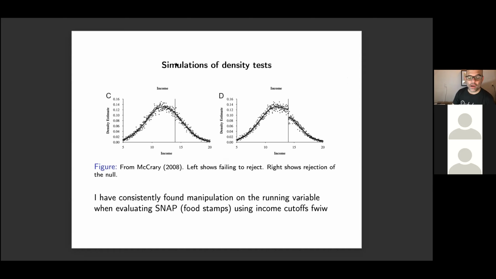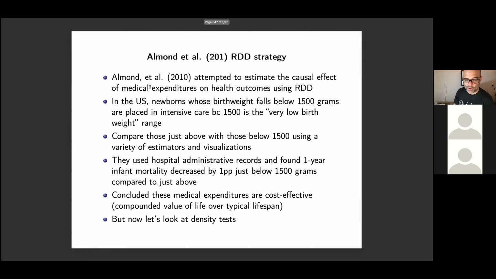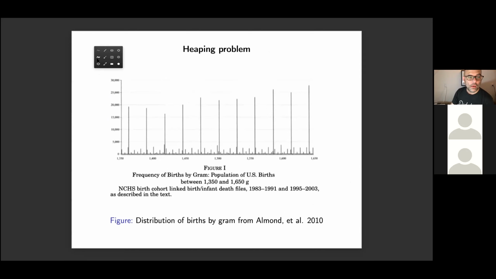And the reason is because what the McCrary density test is going to do is fit all of this data. So it's going to use all the data to fit this line to become a high-powered test so that it can have a chance to reject the null right here, right? So it's using all of these observations. But when you do the same thing with a McCrary density test off of non-random heaping, you get something more like this.